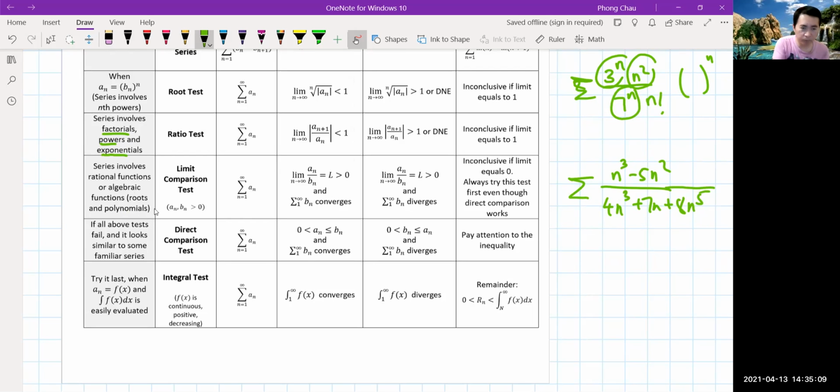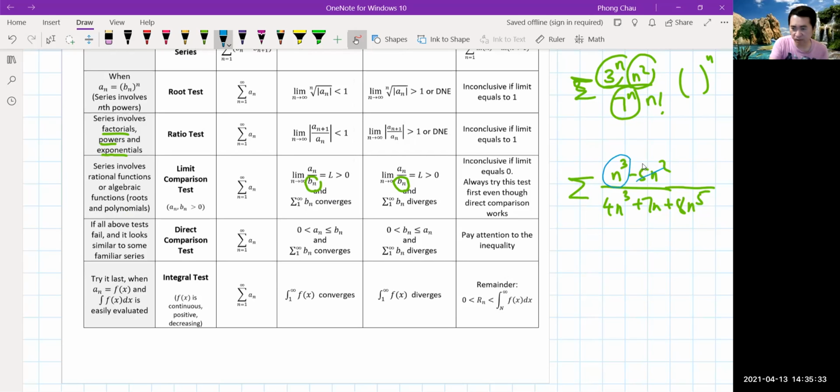Now remember, for the limit comparison test, you have to come up with a test series. The b sub n is the one that you need to come up with before you take the limit of the ratio. But how do you come up with the b sub n? Well, the quick trick I showed you is to take the leading term.